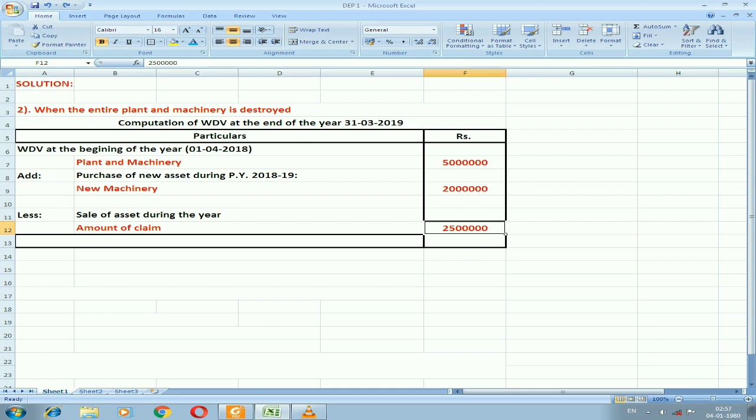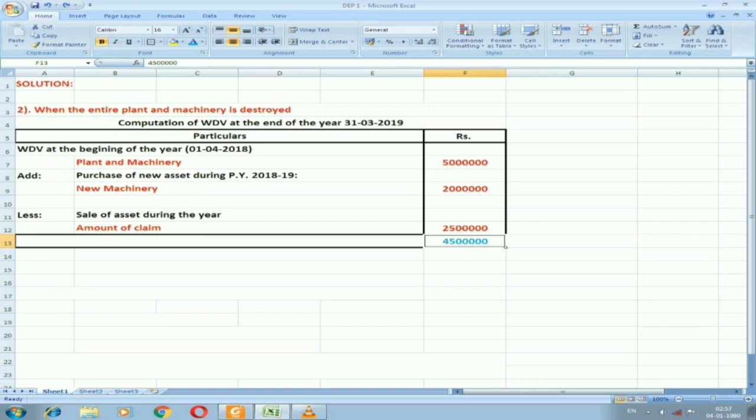By deducting it, we will get an amount of 45 lakh, and we consider this 45 lakh as a loss. Why? You can see at the start of the year we had a plant and machinery value of 50 lakhs, and during the year we made a new purchase of machinery which cost rupees 20 lakh. So the plant and machinery value is 70 lakhs.